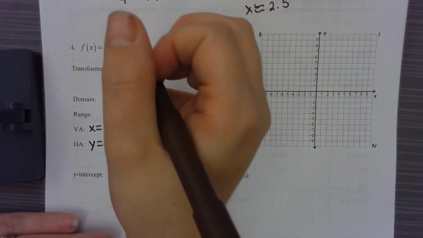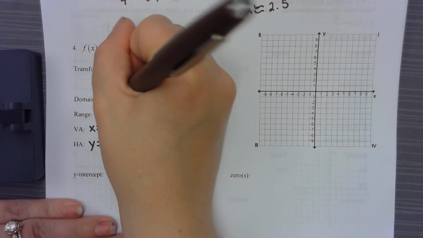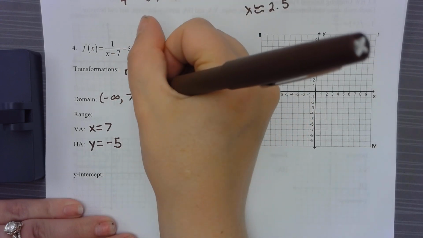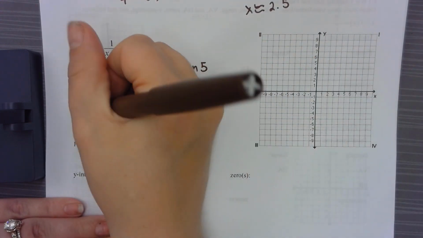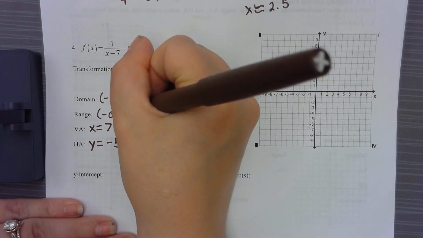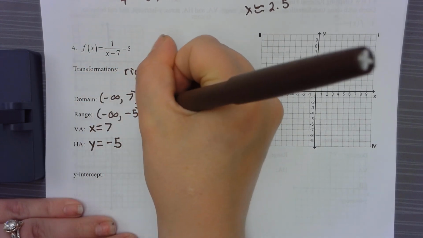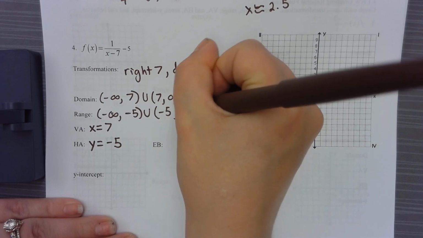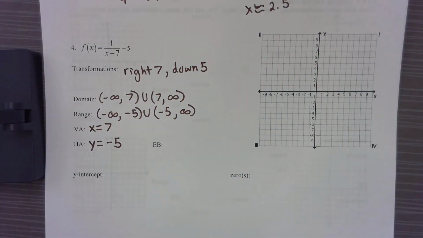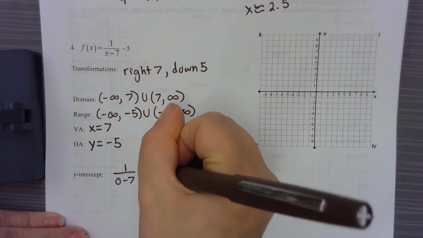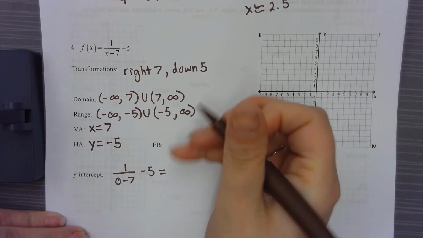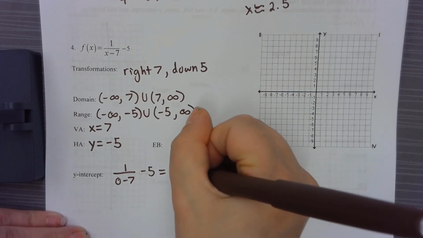So again, domain is going to be negative infinity to that vertical asymptote to infinity. And the range will be negative infinity to negative 5 to infinity. Everything except for that horizontal asymptote. What'd you get for the y-intercept? We should plug in 0. And then we'd get negative 1/7.